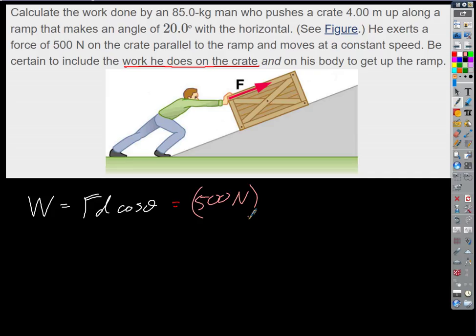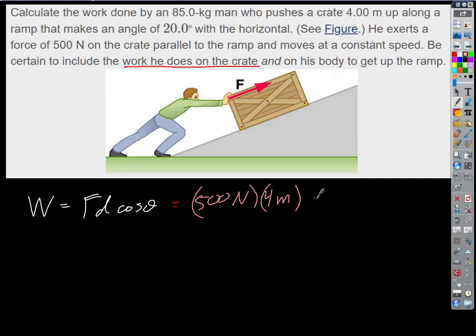Through what distance does it push it? 4 meters, okay. And what's the angle here between the force and the displacement vectors? It's 0, isn't it? Yeah, he's pushing in the same direction that it's sliding. Agreed? You guys see that? Okay.